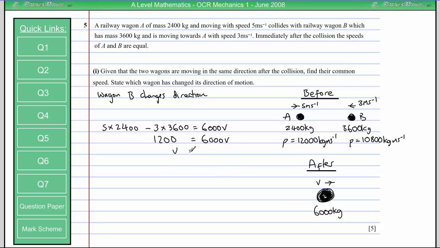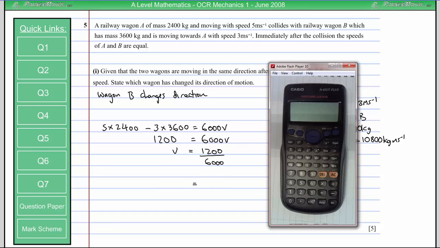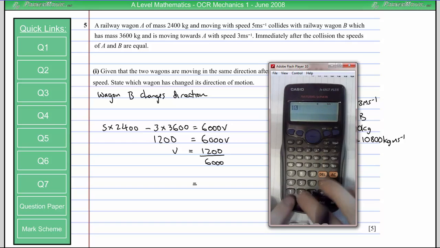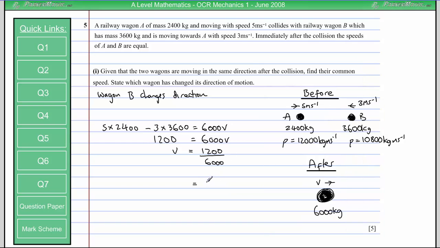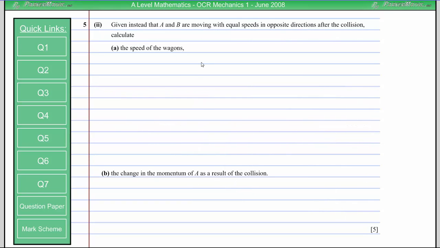So v is just going to be 1,200 divided by 6,000, which is going to give us 1/5 or 0.2 meters per second. So the speed of the wagon is 0.2 meters per second, and it's wagon B that changes direction.